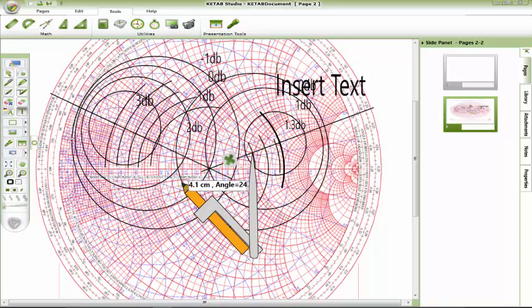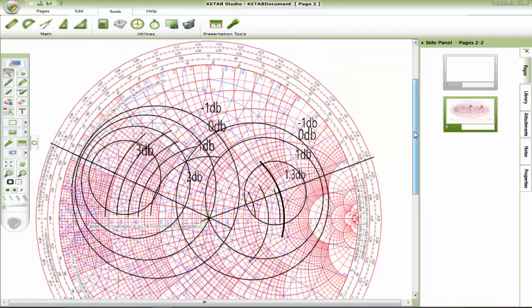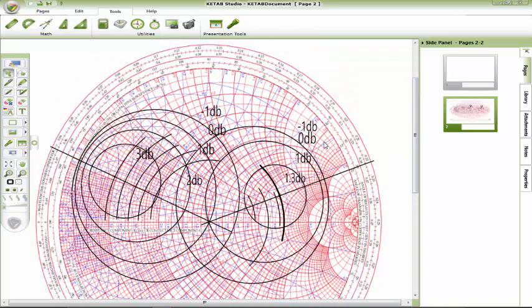Okay, this is -1 dB. So, as we can see, if we go decreasing the dBs, we have bigger and bigger circles.